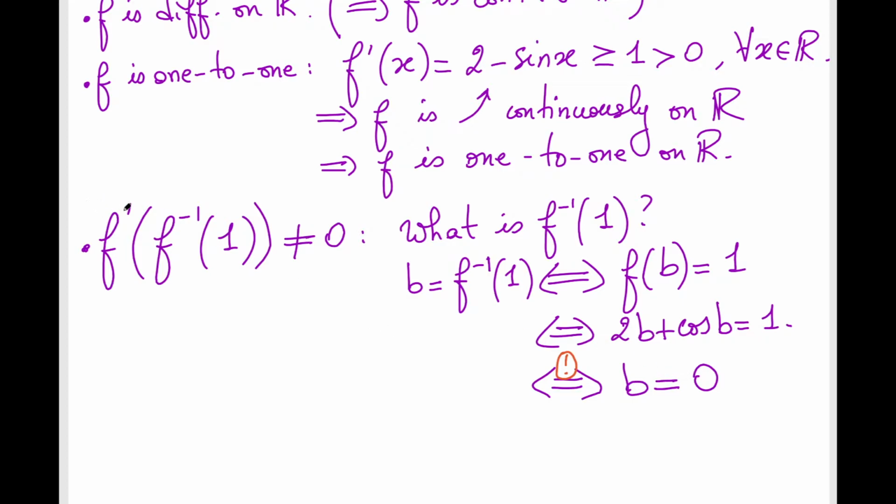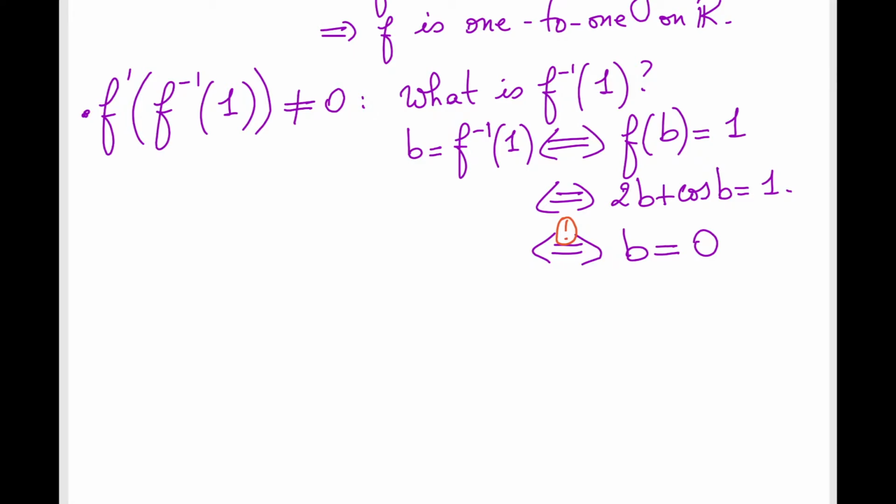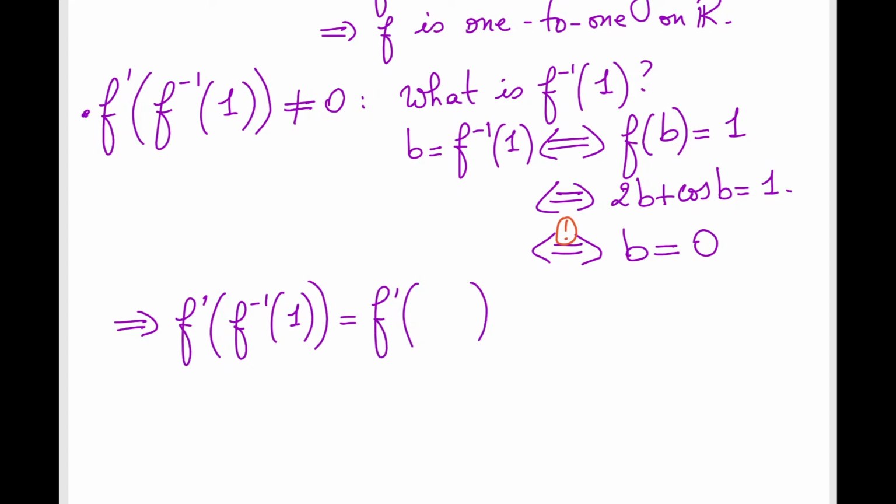As such, what's f prime of f inverse of 1? Thus, f prime of f inverse of 1 is equal to f prime of, what is this guy again? That's the b. And how much was b?